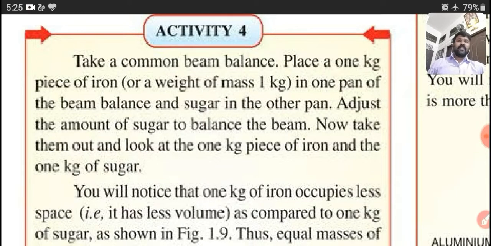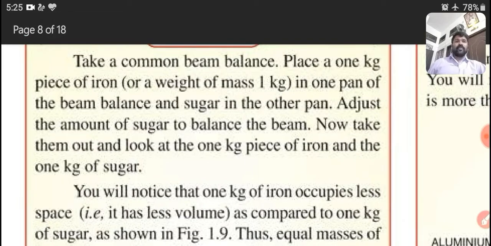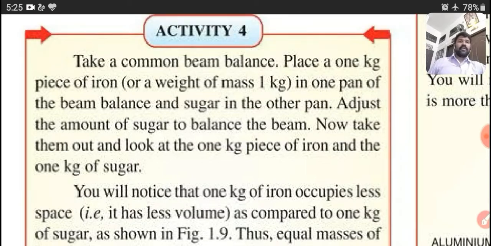Adjust the amount of sugar to balance the beam. Now take them out, both, and look at the 1 kg piece of iron and the 1 kg of sugar.